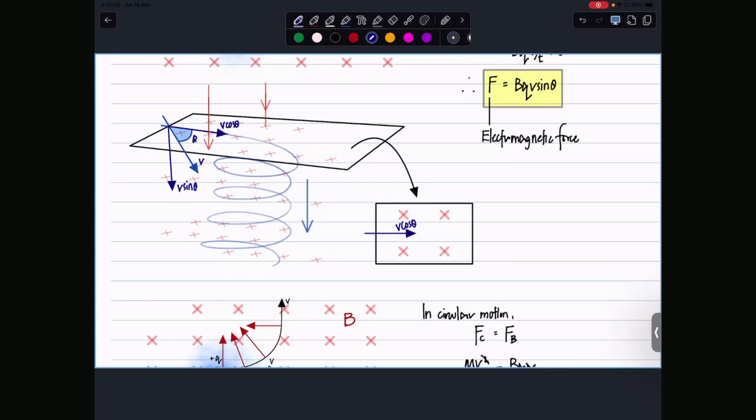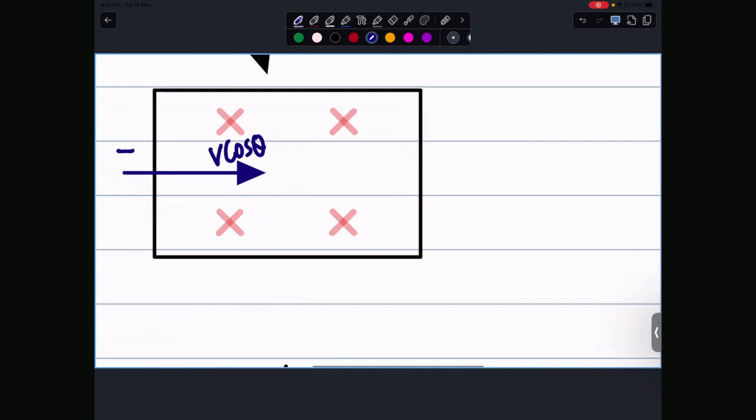If it's a negative charge, can you tell me in which direction the force is acting on this particle? What's the opposite? What's the actual direction that it's the opposite of? Downwards. The magnetic flux is inside, the x is into the page, and this is the velocity, right?